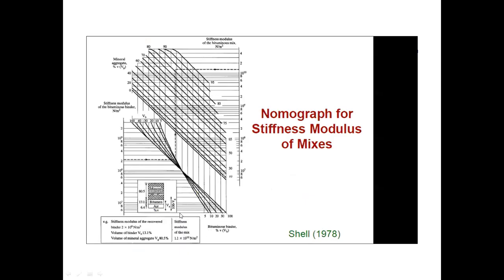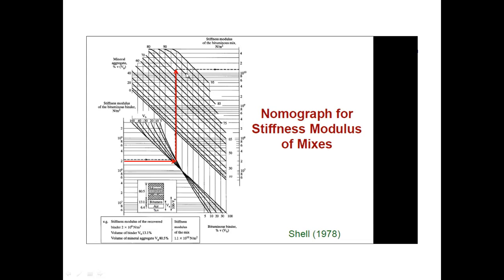So again, on this x-axis, we know the stiffness of bitumen that we have calculated. We project it to the volume of bitumen, wherever we get this volume of bitumen, 5, 10, 20, 30, we go perpendicular. And this is the mineral volume of aggregate, voids in aggregate or mineral aggregate proportion in the mix that we have designed.